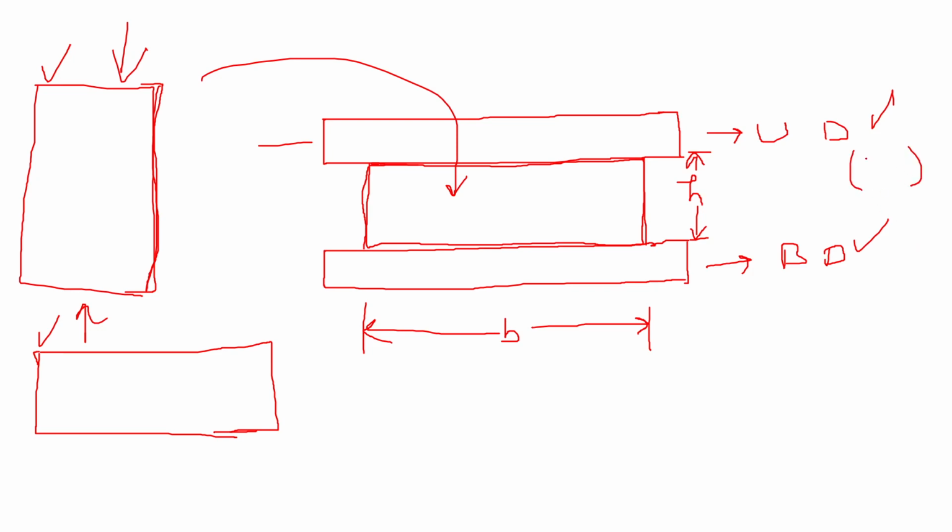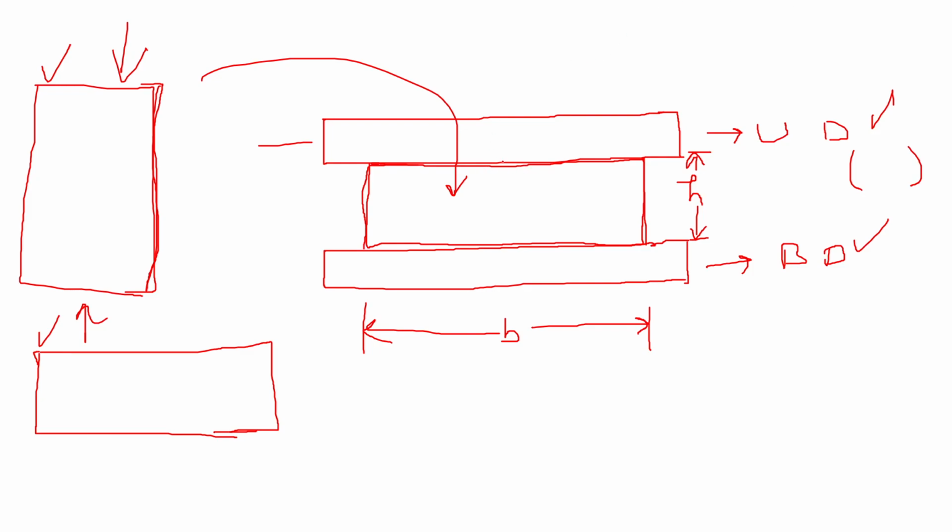I hope you remember the discussion during the forging operation, where we discussed the role of friction: if there is no friction, your rectangular block will be perfectly forced between the two flat dies, and the reduction in height will be uniform throughout the cross section.